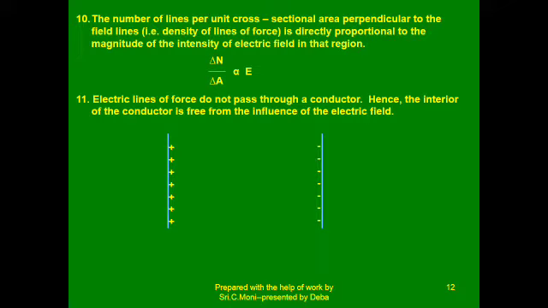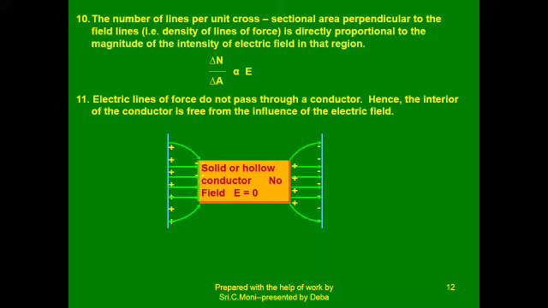Electric field lines should start from positive and end at negative, but if you put one solid or hollow conductor, the electric field lines will come out from the plate, emanate out from the other end and terminate at the negative plate, but inside the conductor, whether it is solid or hollow, there is no electric field line crossing. This is a very important aspect.